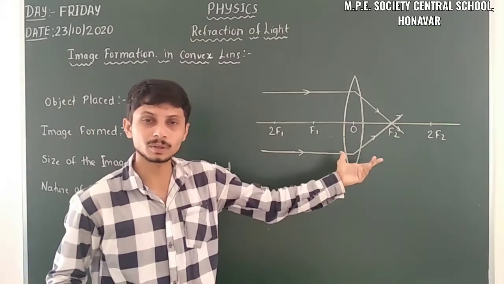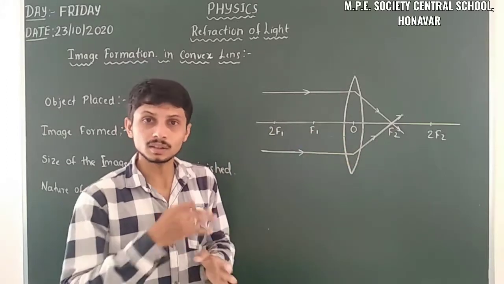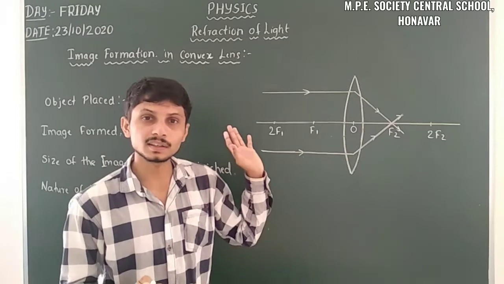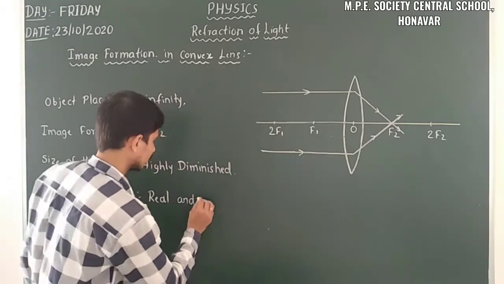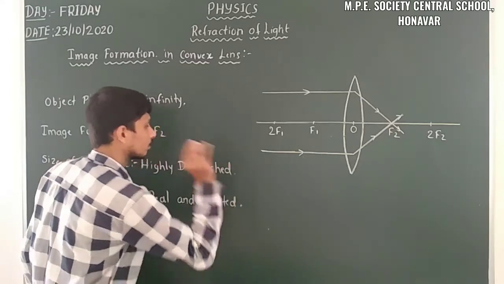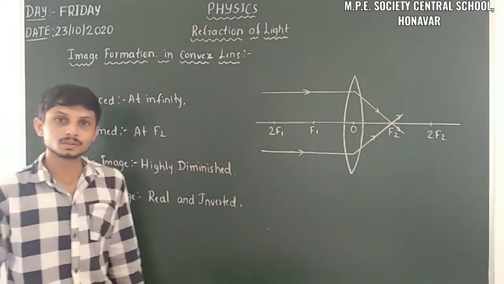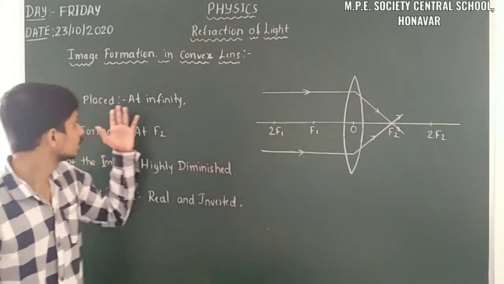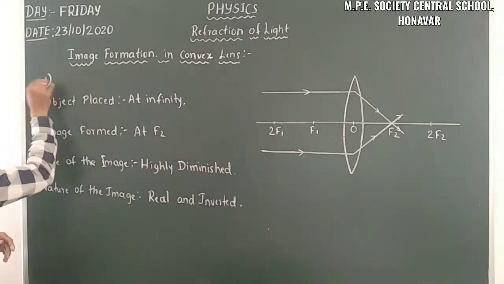So let us take inverted, because it depends on the other ray diagrams, so we can guess that it is an inverted image. So this is the ray behavior when an object is placed at infinity. This is the first case.